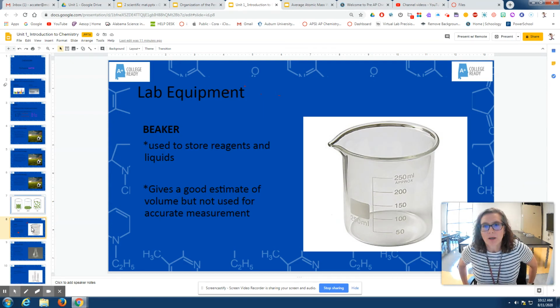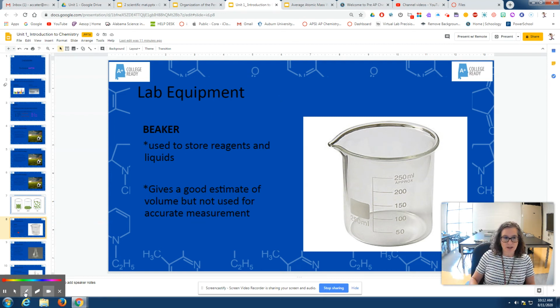A beaker is mainly just used for storage. These lines that you see on the beaker are not exact measurements. That is not an exact measurement. It is just a good estimate. So that's what you need to remember, that beakers just estimate volume. They are not an actual accurate measurement.